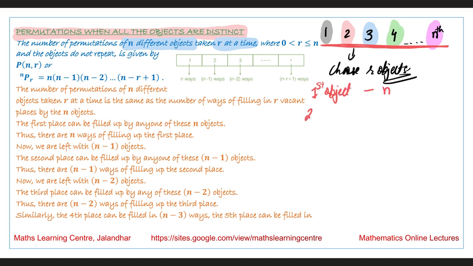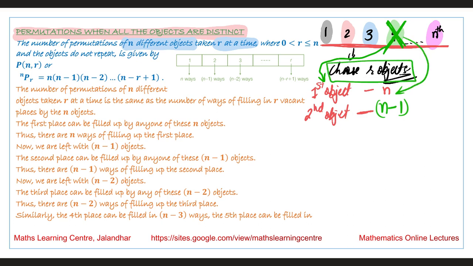When we choose the second object, suppose we have chosen this one in the first place. Now the number of options we are left with is n minus 1, because one object is already chosen and we want the objects to be distinct.